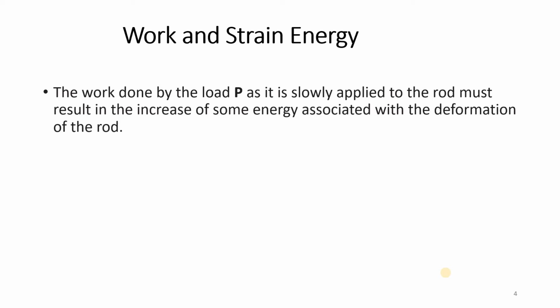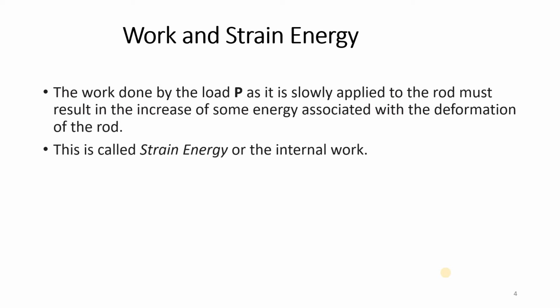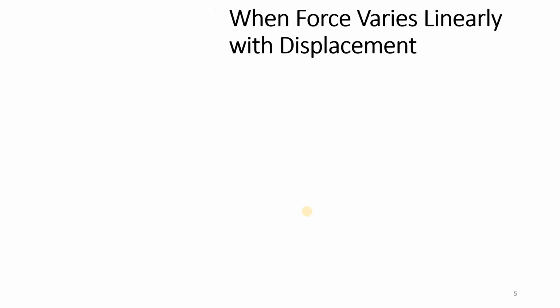This energy, stored as a result of the work done, is called strain energy. It is equal to the internal work done, which is given by this expression. Next, we consider two possible scenarios.